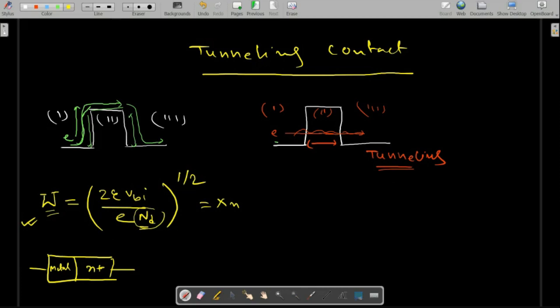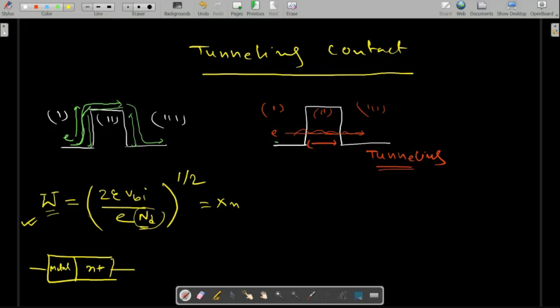Will it increase or decrease? The width of the depletion layer will reduce when you are increasing the value of Nd.